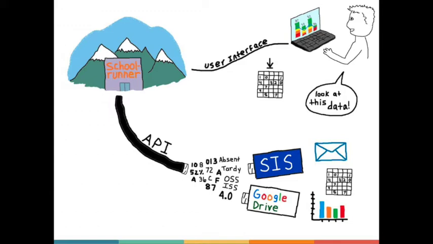Through a little bit of computer coding, writing a couple lines of code, you can take that API and plug it into other systems like your SIS, PowerSchool, Google Drive, other programs, and then from there, do anything like generating automated emails or creating other reports or really anything. So that's at a high level a metaphor for what the API is and what it can do. But we're going to talk more specifically about that now.